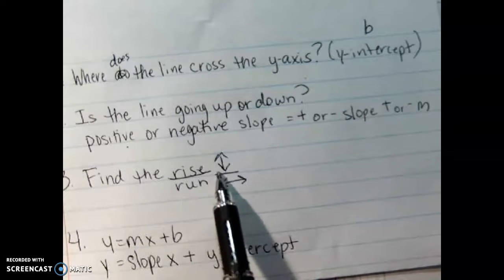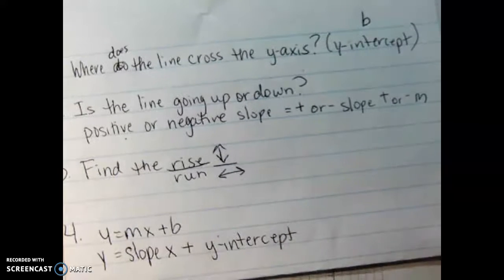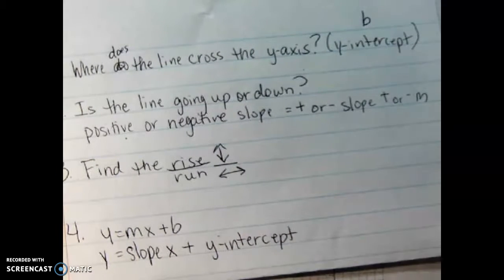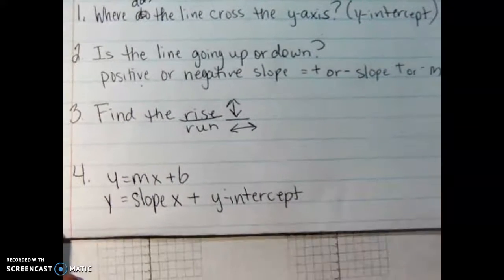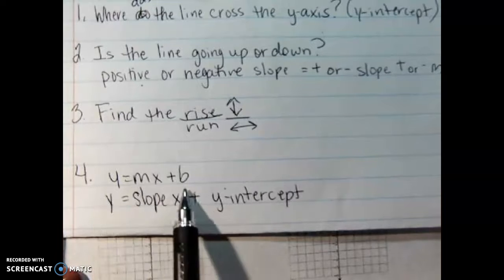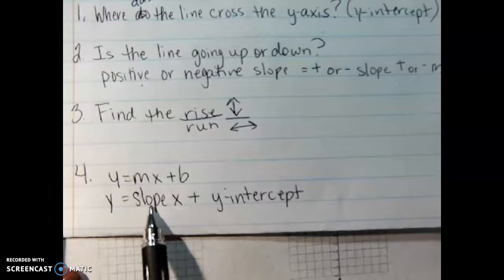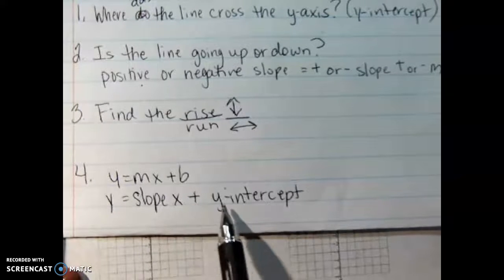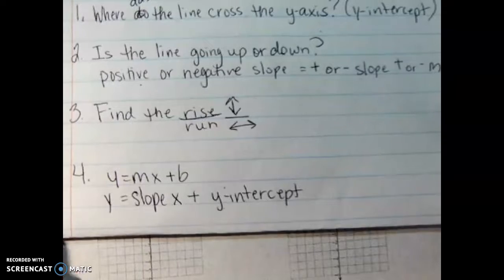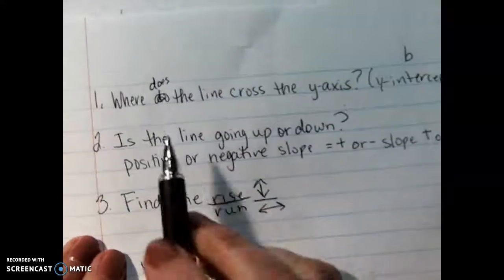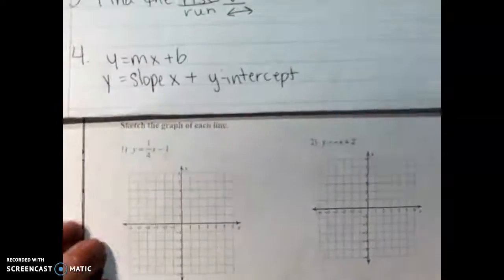So we're going to go up or down, and then we're going to run to the line. And then we're going to put the equation in y equals mx plus b, where y equals the slope, x, plus the y-intercept.